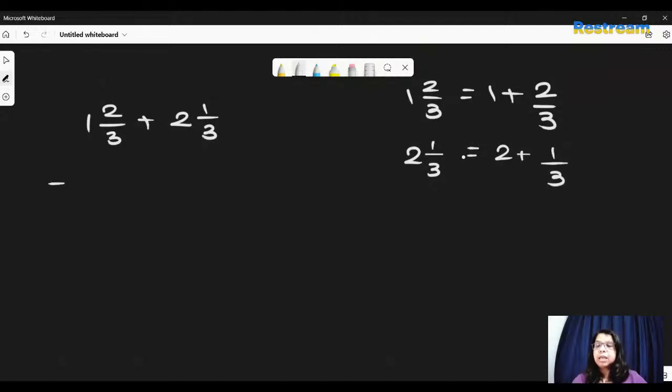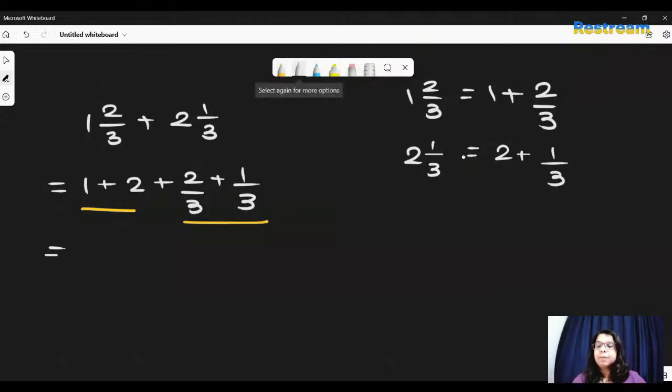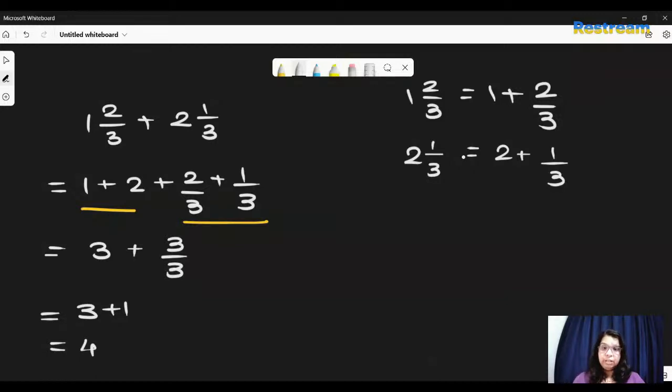So this thing can be written as 1 plus 2 plus 2 by 3 plus 1 by 3. Now we can group them together. This is one group, this is one group. So what happens is it is 3 plus 3 by 3, which is 1. So it is 3 plus 1 equal to 4. This is one way of solving it.